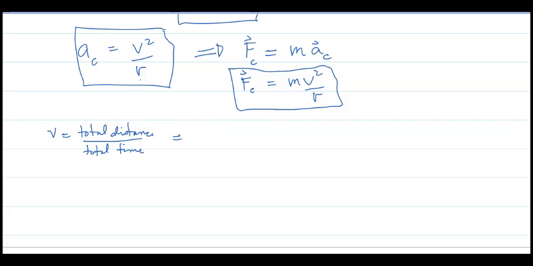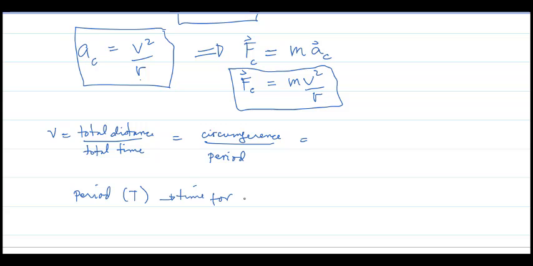But in our uniform circular motion, the total distance is just the circumference of the circle, and the total time is just the period. So by definition, what is a period? Period, in symbol T, is just equal to the time for one complete cycle or one complete revolution.